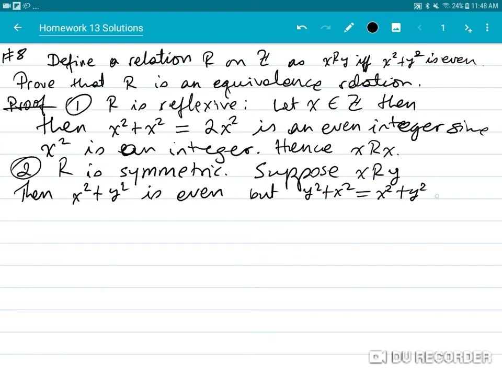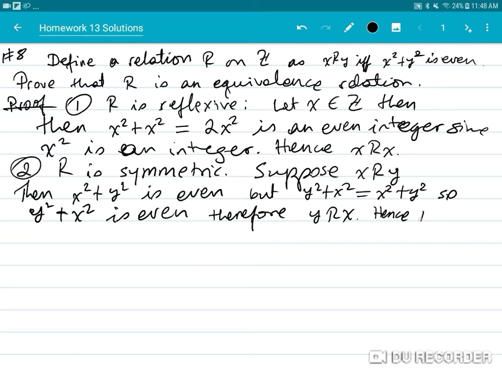So y squared plus x squared is even. Therefore, y must be related to x also. Hence, R is symmetric. We assumed x was related to y, and y is related to x also.